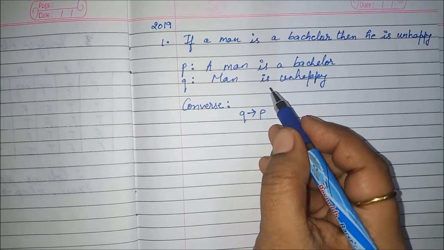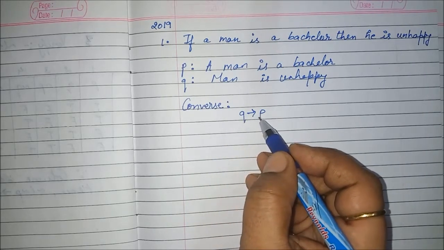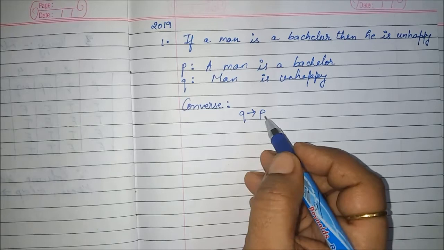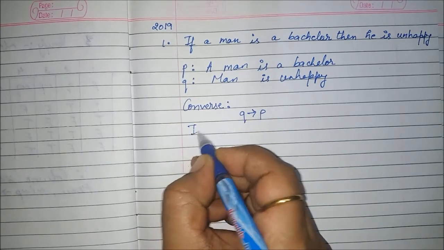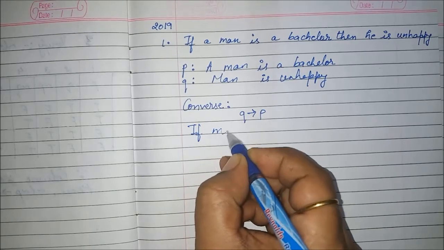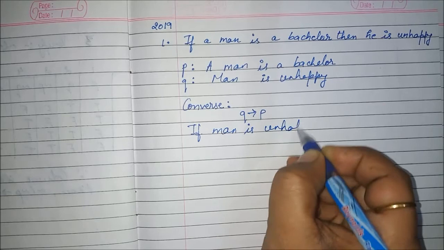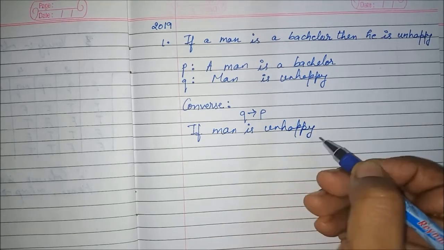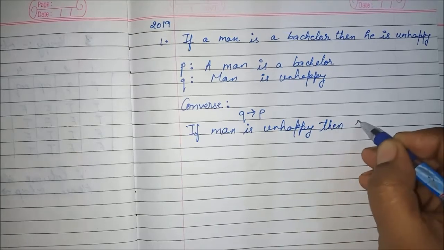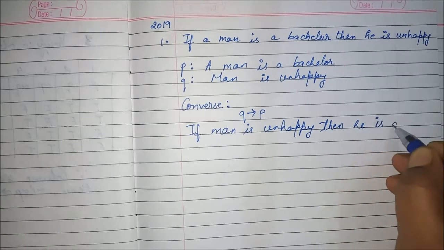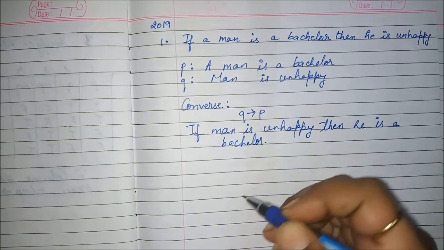Implication is P implies Q. So converse is Q implies P. Now we write the statement as Q implies P. What is Q? Man is unhappy. So we write: if man is unhappy, then he is a bachelor.